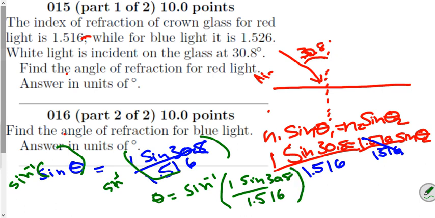Okay, and close it off. Make sure your calculator's in degree mode for this. That will get my answer for 15. To get the answer for 16, all I'm going to do is change this 1.516 to my other index of refraction, 1.526. And there you go.